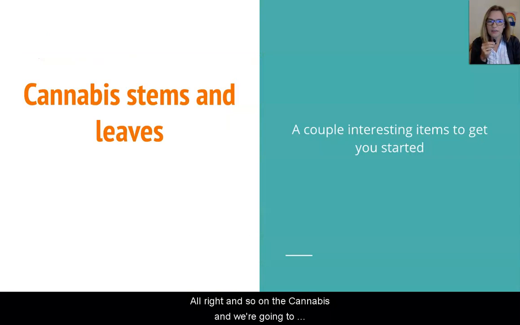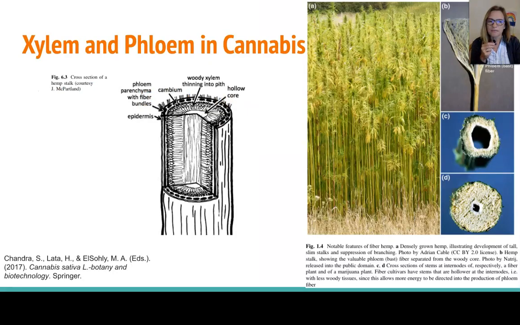All right, and so on the cannabis end, we're going to be looking at stems and leaves, and we're going to focus a little more on leaves this week. So we have kind of looked at stems a little bit last week as well. But again, we're kind of looking at those structures of the stem.